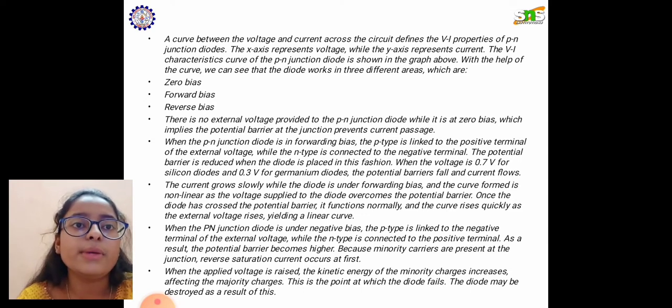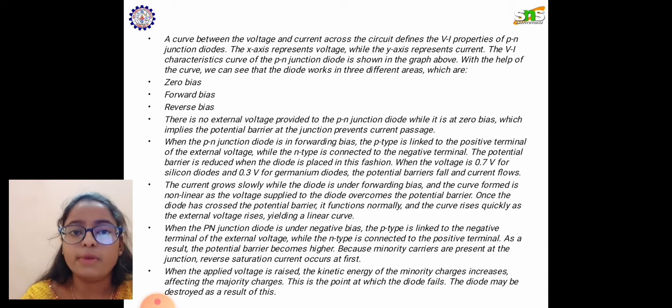A curve between the voltage and current across the circuit defines the VI properties of PN junction diodes. The x-axis represents voltage while the y-axis represents current. The VI characteristic curve of the PN junction diode is shown in the graph above. With the help of the curve, we can see that the diode works differently in three different areas, which are zero bias, forward bias and reverse bias.